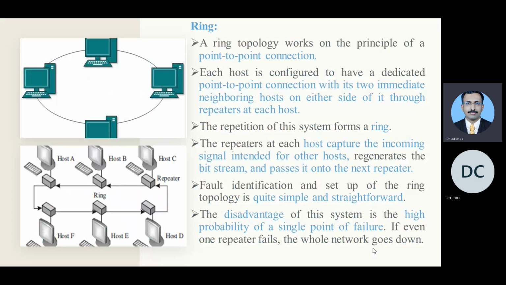First one, second one. You can just draw this diagram. It's not that you have to draw so many hosts. You can put around 3 to 4 hosts and draw them.